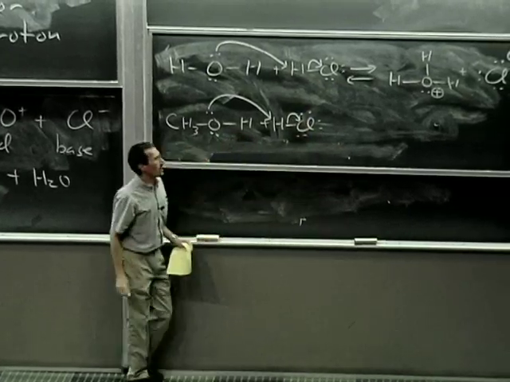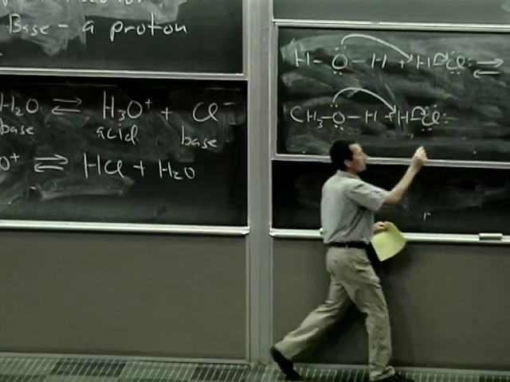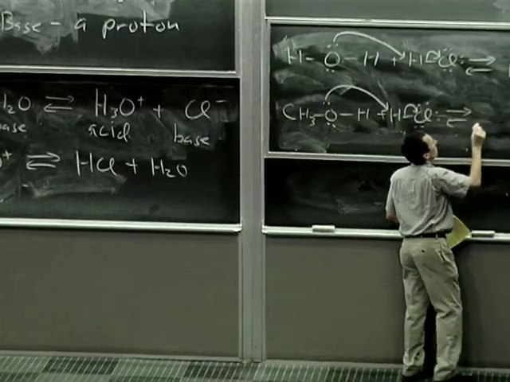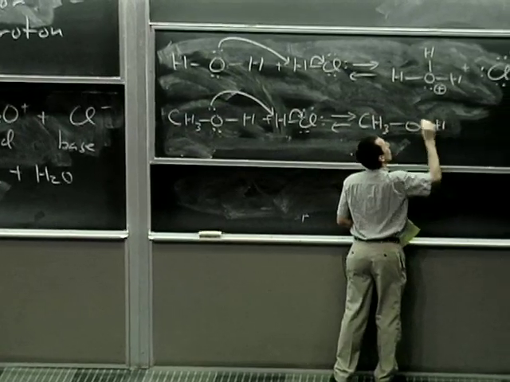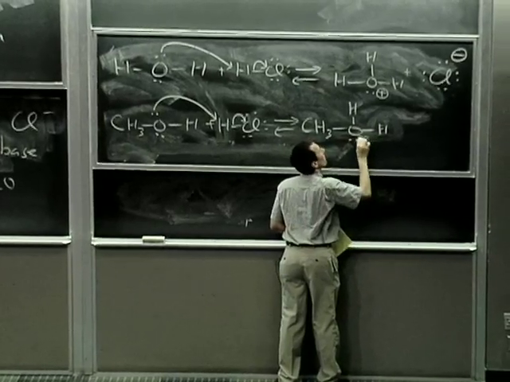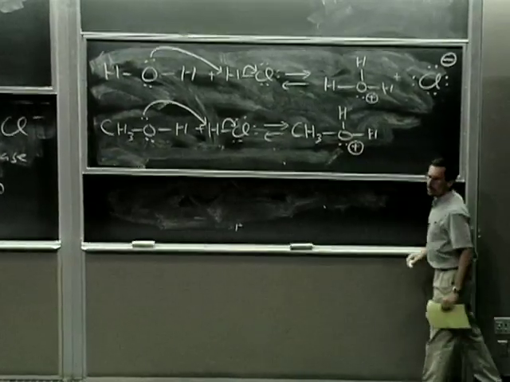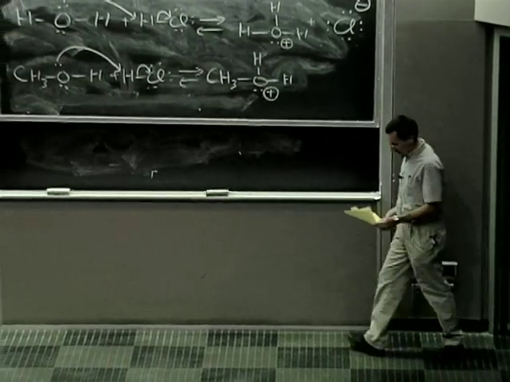We push electrons back onto chloride. We set up an equilibrium. We get protonated methanol and chloride anion.